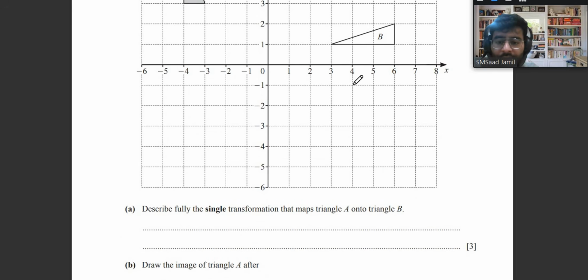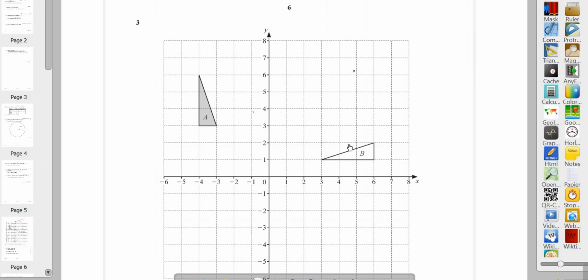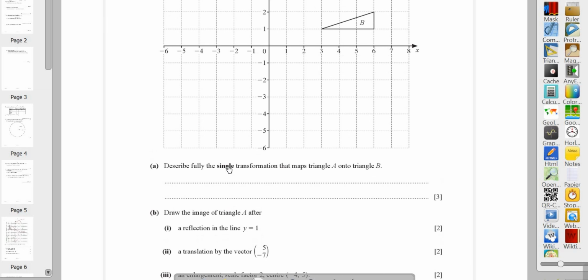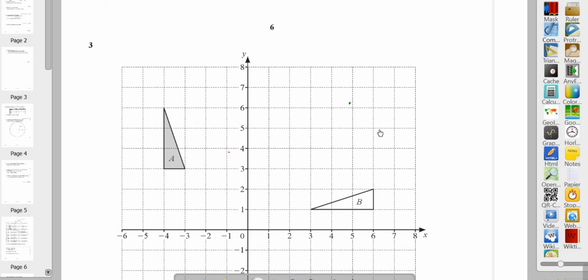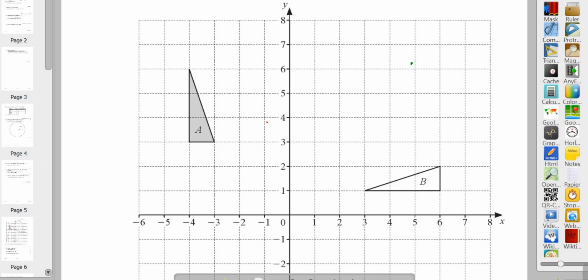Question 3. Describe fully the single transformation that maps triangle A onto triangle B. Now guys, first of all, you will be joining the adjacent points.